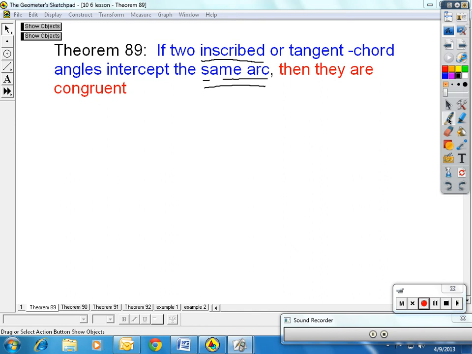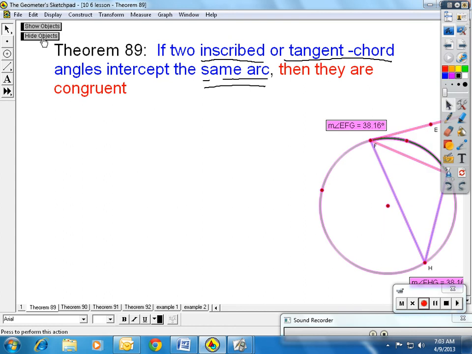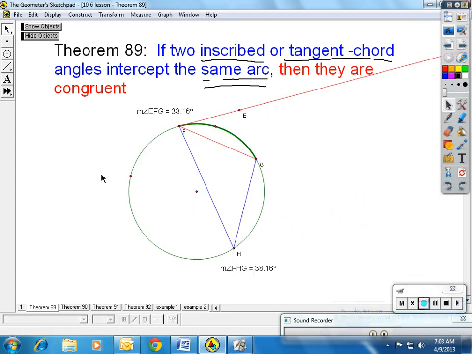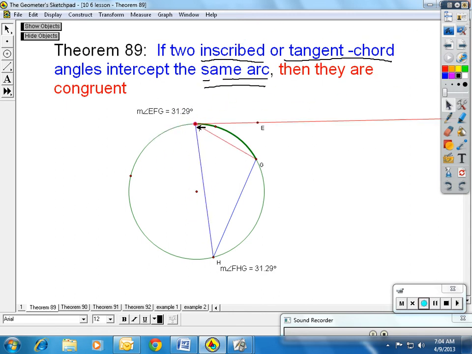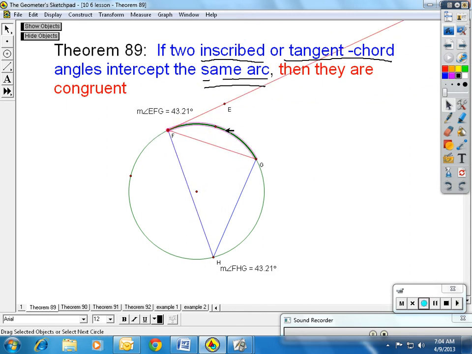Well, we said it doesn't only work for inscribed, but it also works for tangent chord. What is a tangent chord? Think about that for a moment. Here's a tangent chord situation. I've got a vertical angle that is intercepting this green arc, and I have a tangent chord that also intercepts the same arc. Well, what do we know about these angles?